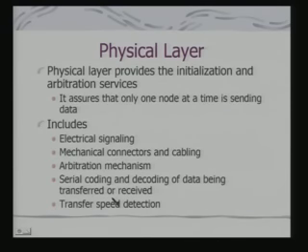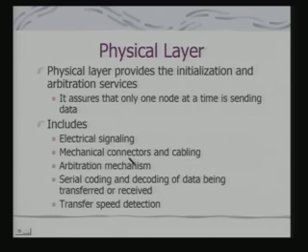So, the physical layer provides what we call the initialization and arbitration services. It assures that only one node at a time is sending data. Now, the other aspects which this physical layer management module includes are electrical signaling, specification of mechanical connectors and cabling.